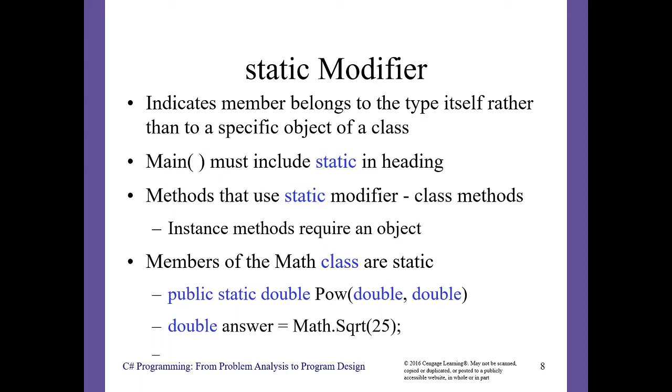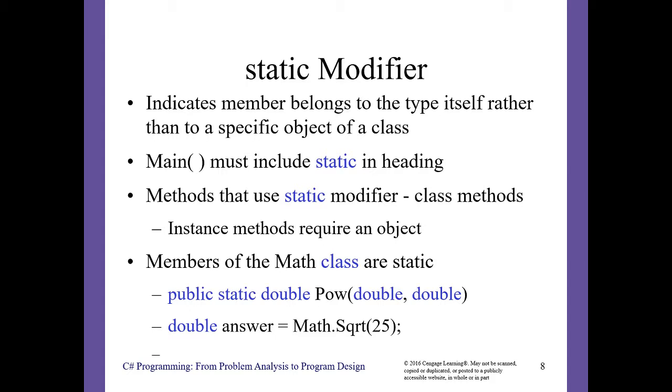Whenever we have a static modifier, the instance method that it's associated with requires an object. So some examples. Members of the math class are static, like the power method.